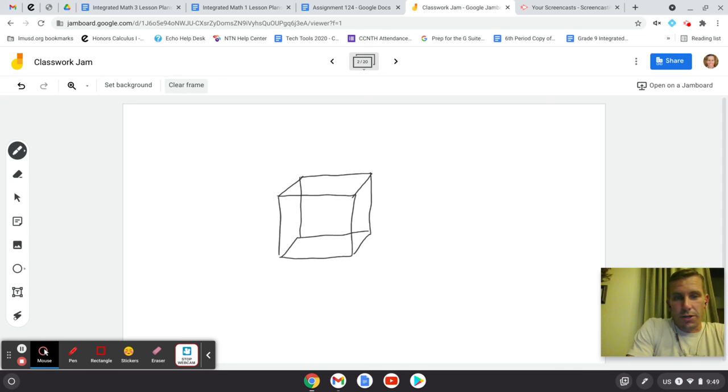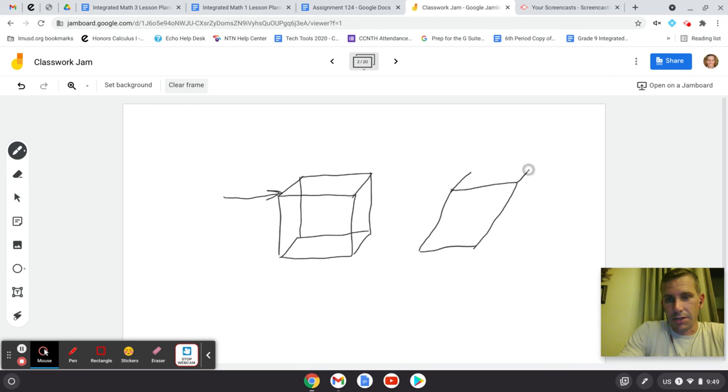If you apply a force to the top of this cube right here, you could make it bend so that it kind of looks like this, kind of squished over to the side. And you could do that without breaking any of the sides of the cube. That's not a very good drawing. But you could. It would change the angles of the cube, but it wouldn't break any of the sides of the cube. So some shapes are not rigid shapes.